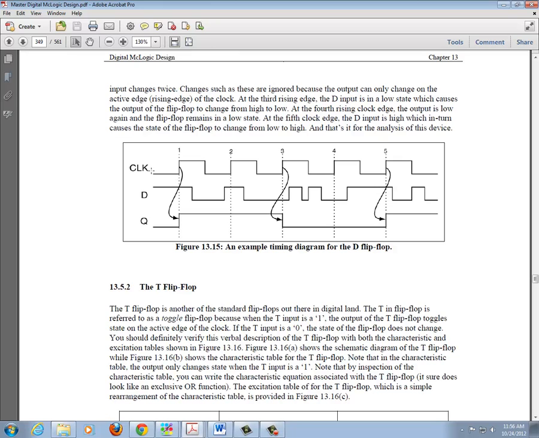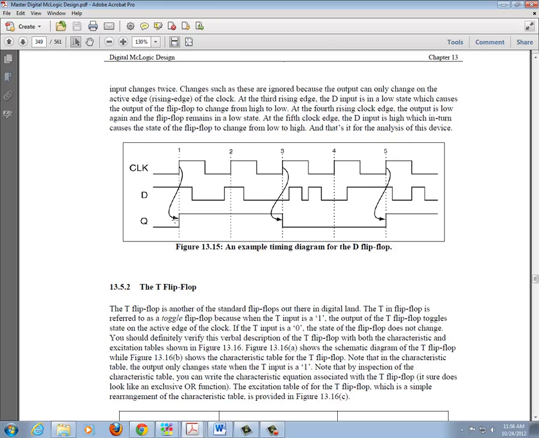The clock signal is just a very periodic signal that goes low and high at a defined rate, and it goes on forever and ever. And the transitions from low to high are called edges. So here's a low to high transition for an edge, and here's a high to low transition for an edge. So this is a positively triggered flip-flop, which means that it triggers off the edge going from low to high.